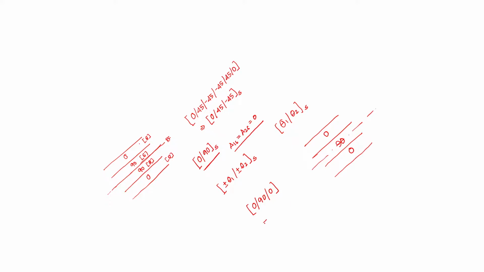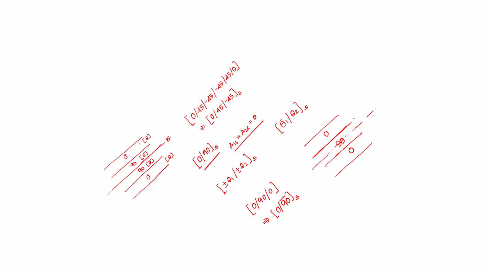This is actually written as 0, 90 with a bar over it, just to show that it is actually a 3-layer laminate, 0, 90 symmetric. Even though there are 3 layers, you can consider that this is one layer, half of this 90 is another layer, and half of this 90 is another layer, so it's symmetric. So 0, 90, 0 is a symmetric laminate.